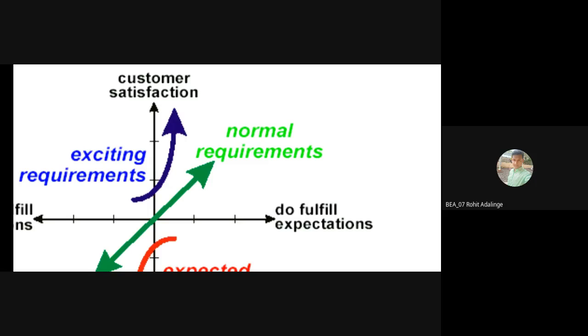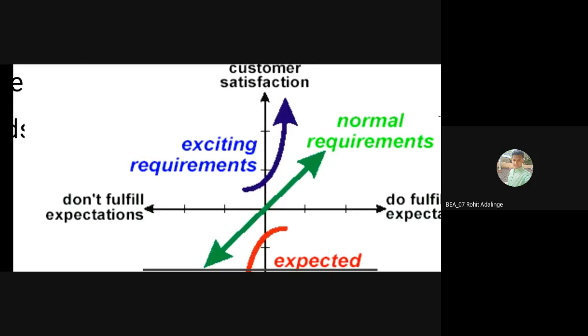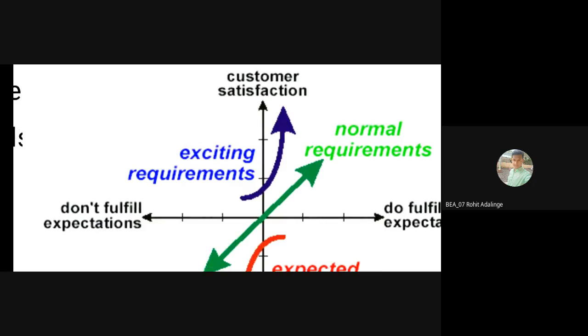There is a huge requirement, a huge demand for a particular drug, but that producer or manufacturer is not supplying. Whenever you do not fulfill the expectation, that is nothing but the exciting requirement.